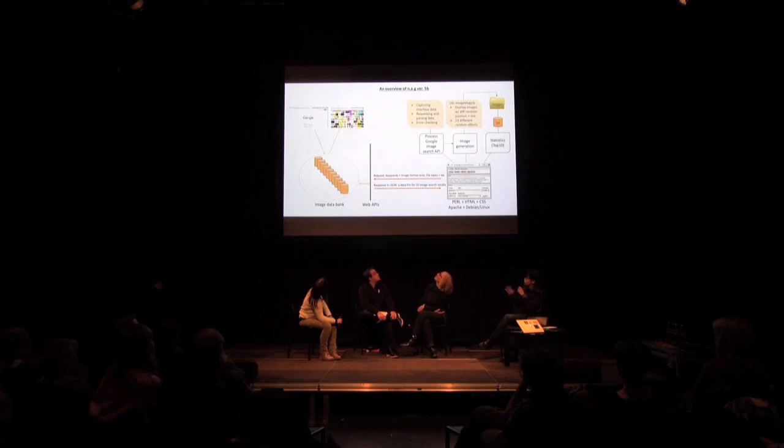Here is an image, a sketch of what is going on. On your left hand side is the image data bank, which is Google. You can imagine this is like Google data. So when you use Google to search for images, you are going through their own API to search for data.